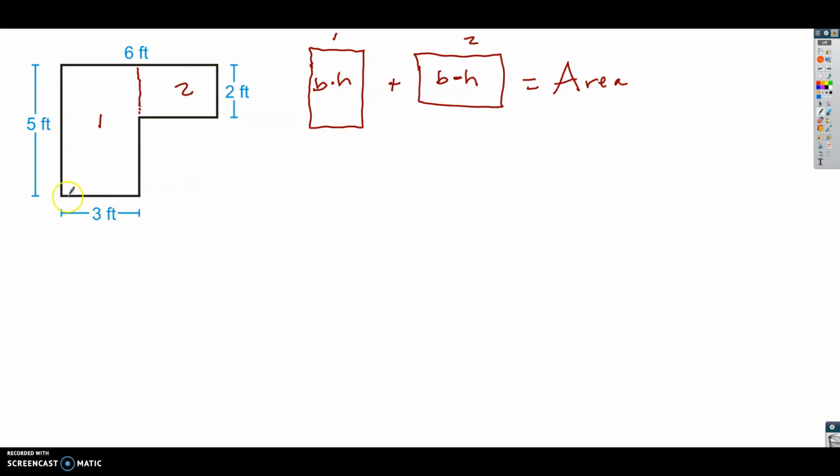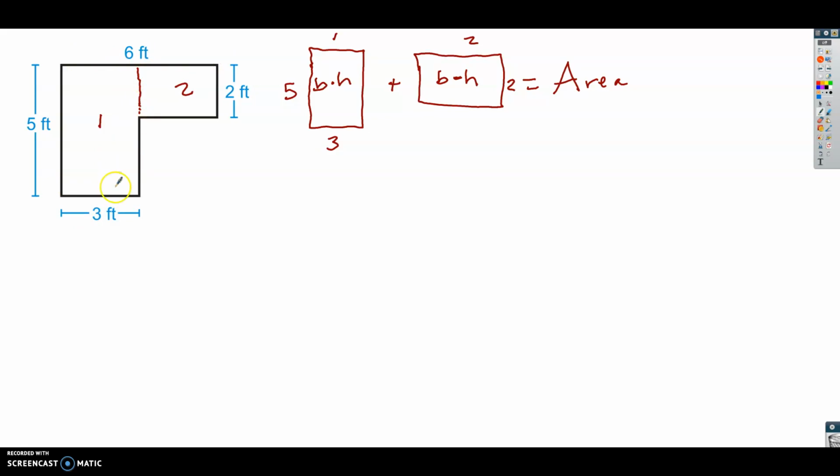Here we have a base of 3 and then a height of 5. So fill those values in. For the second one we have a height of 2, not to be confused with figure number 2. And then the length of my base would simply be the length of this base right here, subtracting the length of this base.